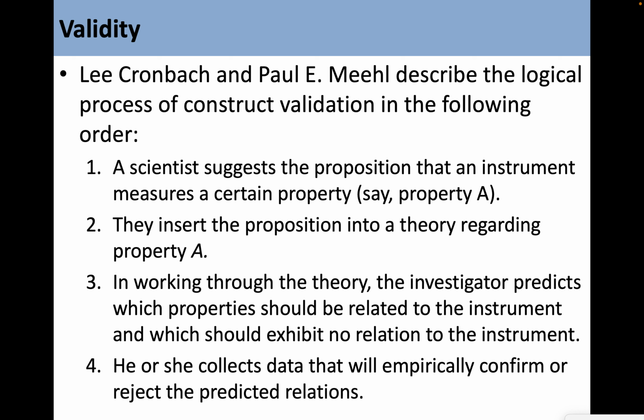Lee Cronbach and Paul E. Meehl describe the logical process of construct validation in the following order. A scientist suggests the proposition that an instrument measures a certain property, say property A. They insert the proposition into a theory regarding property A. In working through the theory, the investigator predicts which properties should be related to the instrument and which should exhibit no relation to the instrument.